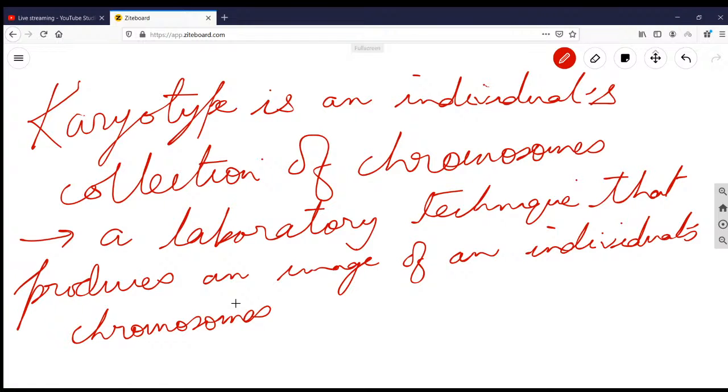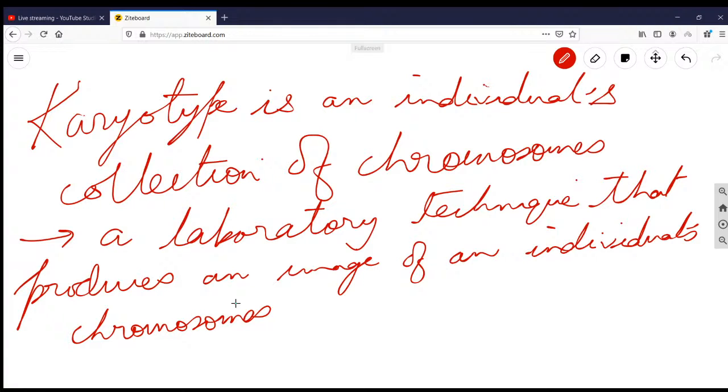So the karyotype is a very essential tool. It is used to look for abnormal number or even structure of chromosomes. You can get a proper portrayal of what is present in the genome of a specific person. A picture of the chromosomes is taken through a microscope.